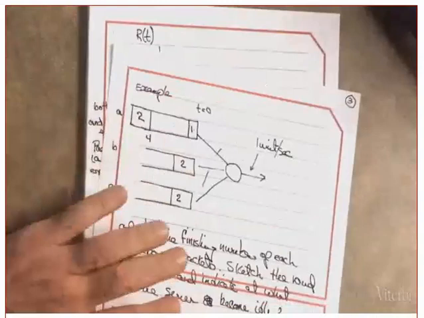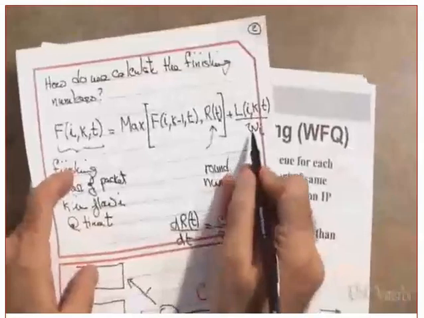The length of A2 is only 2 bits. So one round should finish A2, right? Because only one flow is active. But in reality you are getting an infinitesimal amount from each flow. Are you following or not?